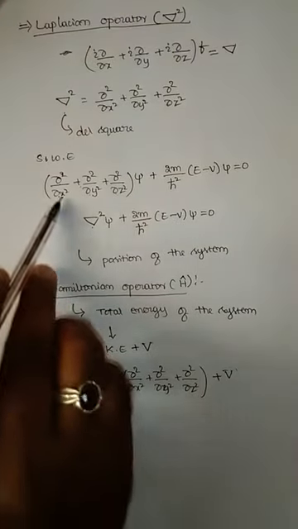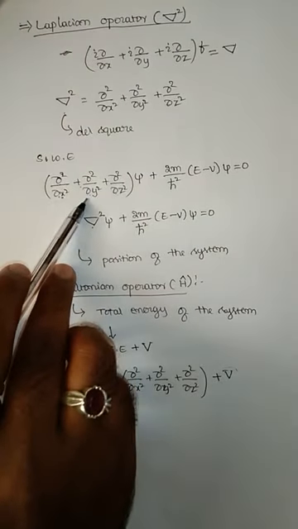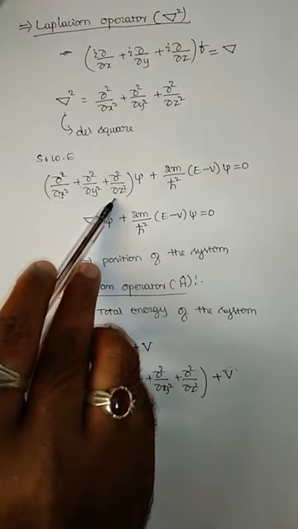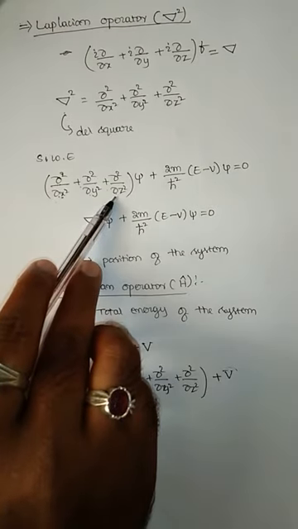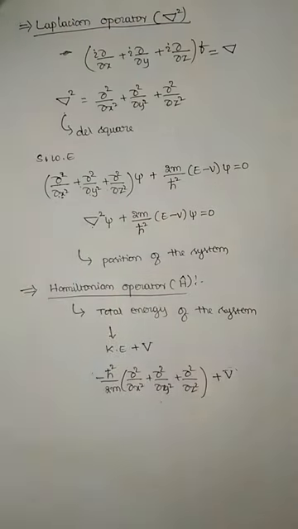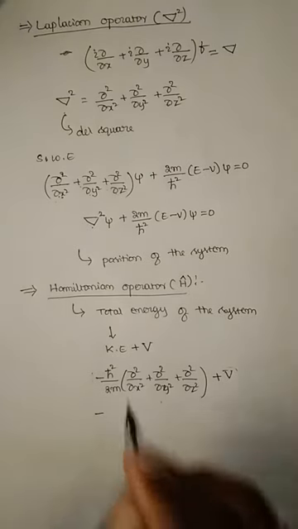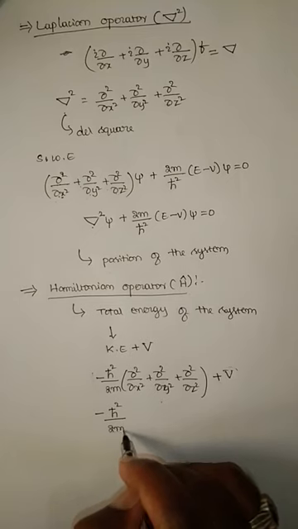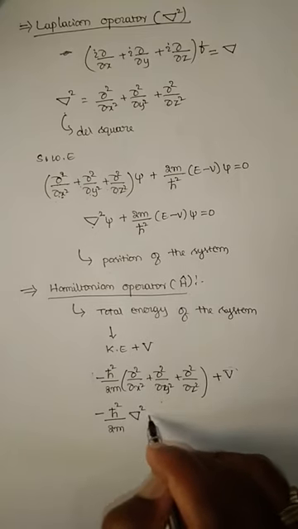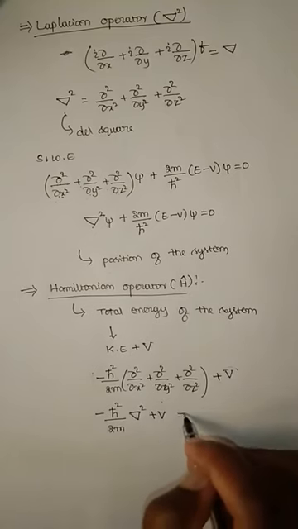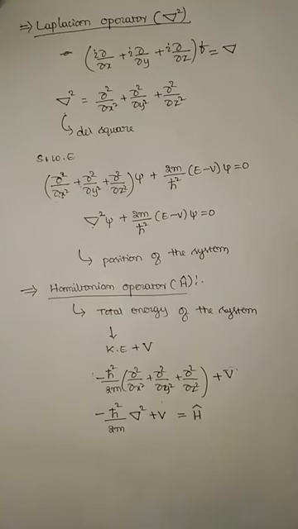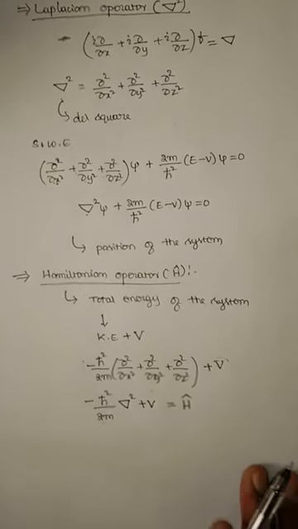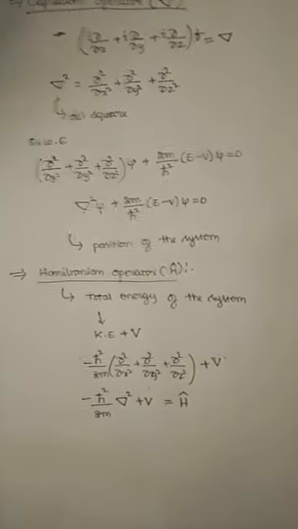But just now we saw dou square by dou x square plus dou square by dou y square plus dou square by dou z square is nothing but del square. So we can modify this to minus h cross square by 2m into del square plus V. That actually gives the value of the Hamiltonian, that is the Hamiltonian operator. And where can we observe this Hamiltonian operator?